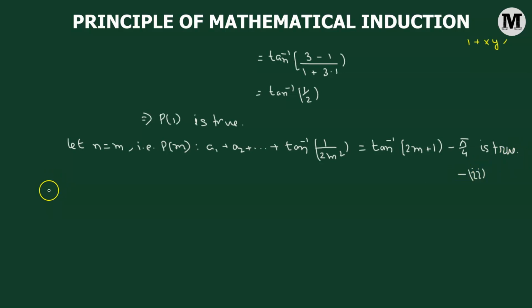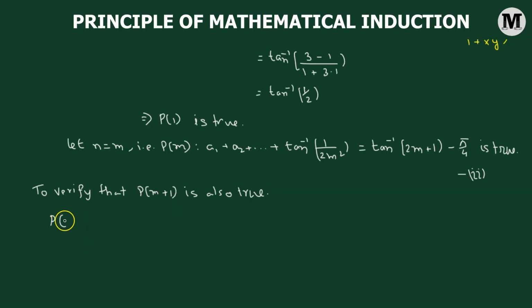Using this statement, our goal will be to verify that if we consider the next consecutive natural number to that of m, which is simply m plus 1, then P of m plus 1 is also true, provided P of m is already true. Now what is P of m plus 1?